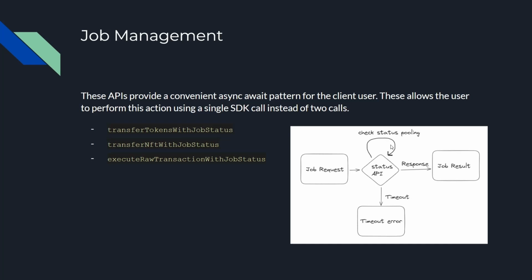Based on that, if the job is completed, we return a response. If there's a timeout, we return a timeout error. But for the client, it's quite simple. The client just gives the job and gets the result. So on the client side, the mechanism looks very simple.